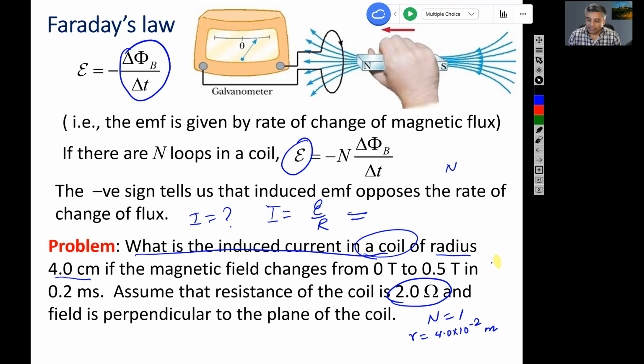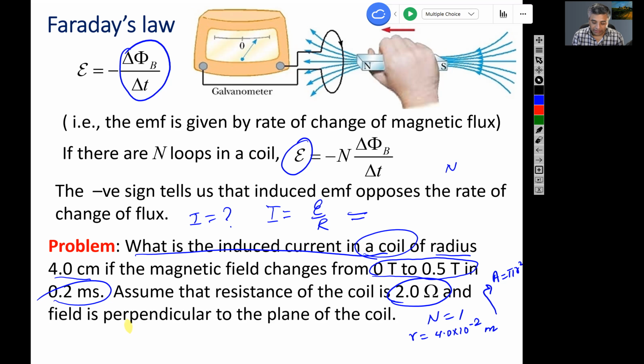From the radius, we can find the area. So, area is given. Another thing is, this is given. See, what's happening? Magnetic field is changing over time.